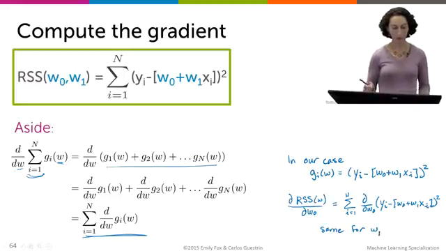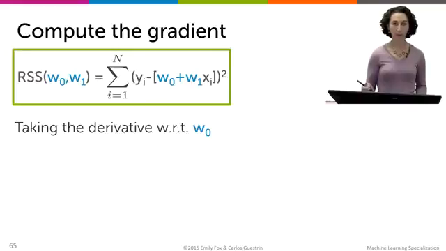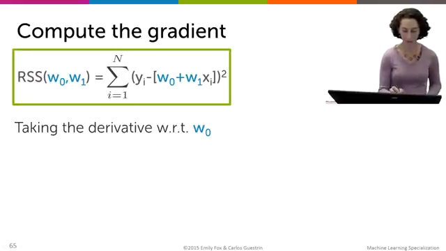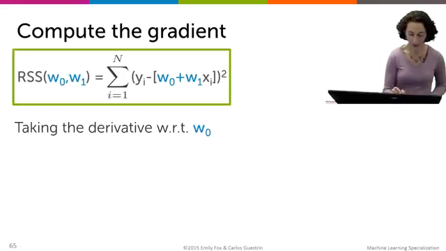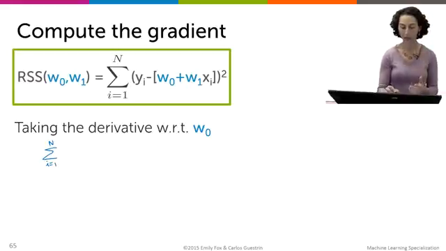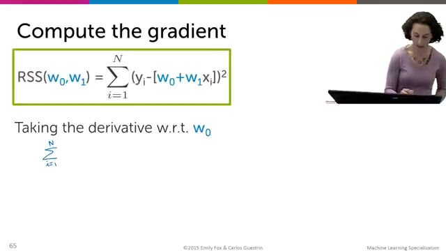Okay, so now let's go ahead and actually compute this gradient. The first thing we're going to do is take the partial with respect to w0. I'm going to use the fact that I showed on the previous slide to take the sum to the outside, and then take the partial of the inside. I have a function raised to a power, so I'm going to bring that power down.